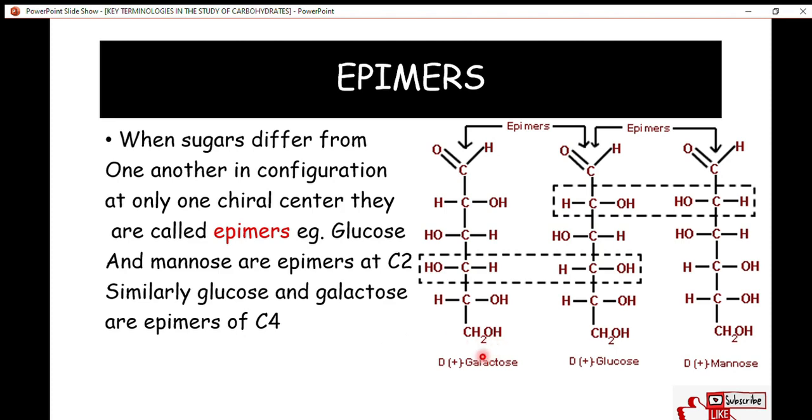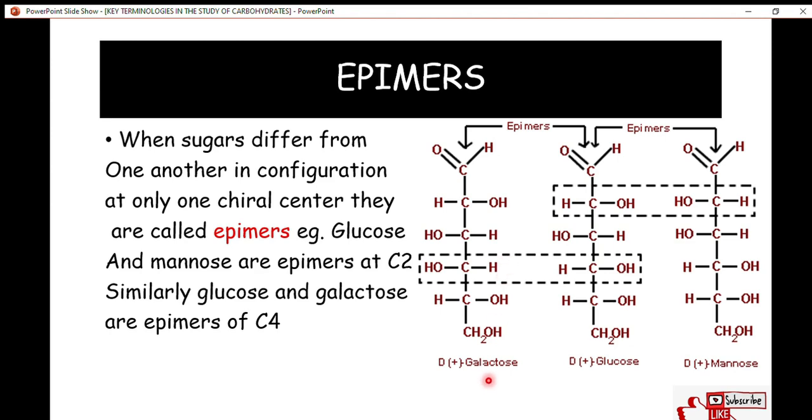So let's consider these sugar molecules. We have D-galactose here and we have D-glucose here. The basic definition of an epimer is that the two sugars should differ at only one chiral center.